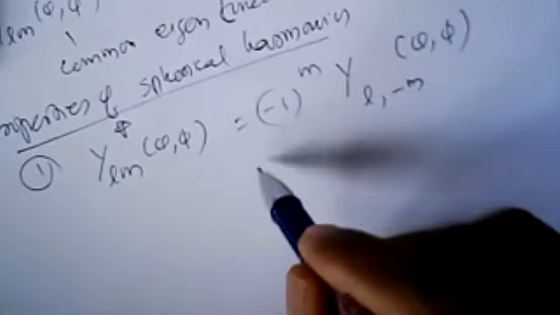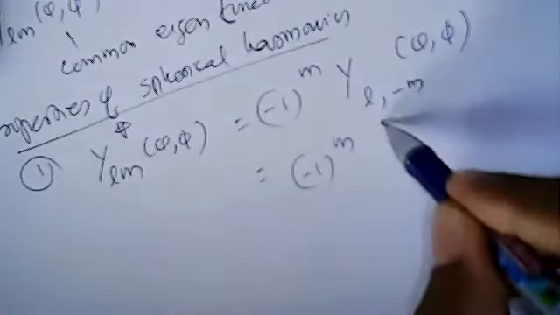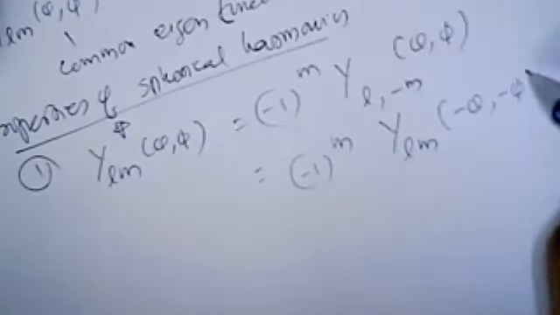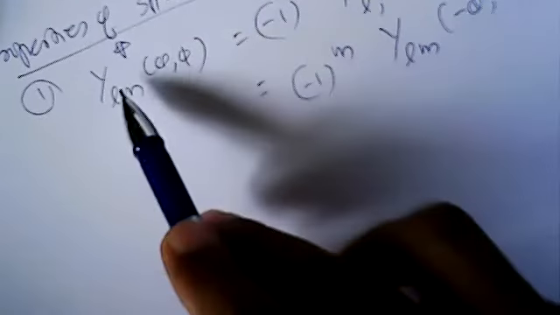Or you can write it in a different way, minus 1 to the power of M YLM minus theta minus phi. That is one property of spherical harmonics. You take the complex conjugate, you can do like this.